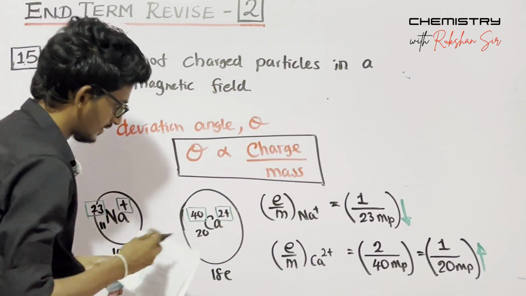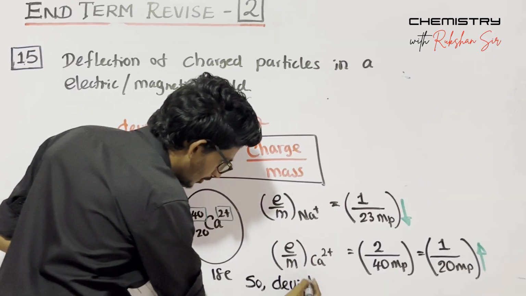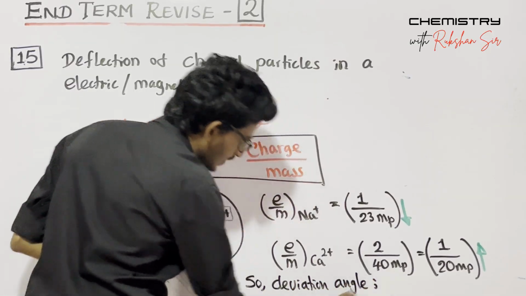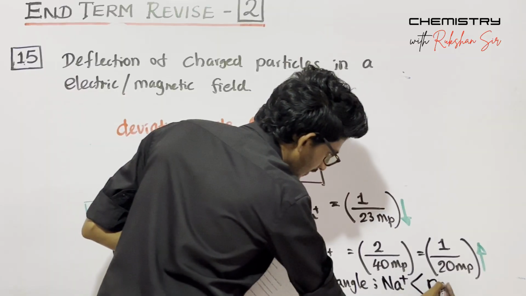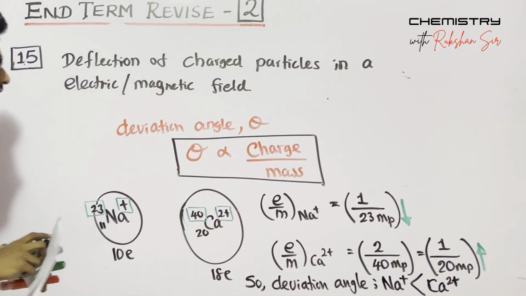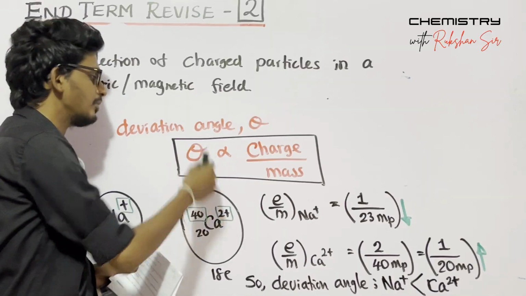Because the deviation angle is greater for calcium 2 plus than for sodium plus, as its e over m ratio is high. When the e over m ratio is high, the deviation angle will be high.